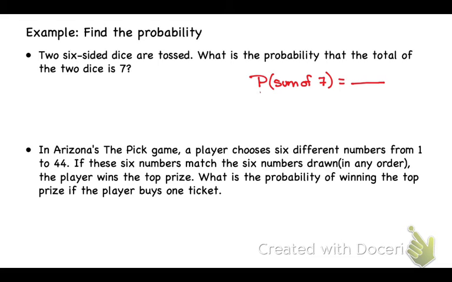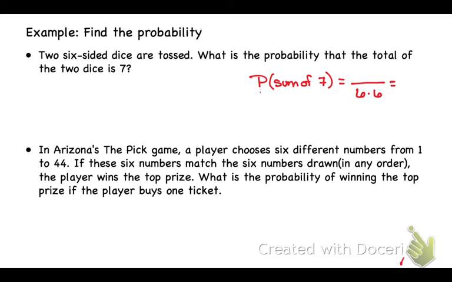So when I'm talking about outcomes, the denominator, I would not have 12. I have 6 on one dice and 6 on the other, so I have 36.